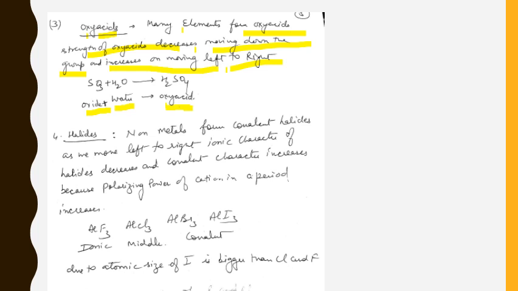So the p block elements form oxyacids. That's the third compound. We have talked about the oxides, then the hydrides, and then the oxyacids.